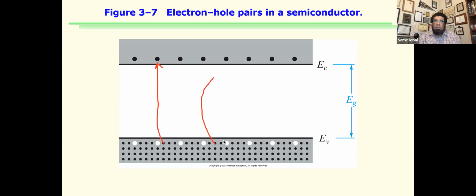Whenever that happens, it leaves behind a hole. So when there is a hole left behind, a pair has been created, and that pair is what will then be involved in the charge transport current.